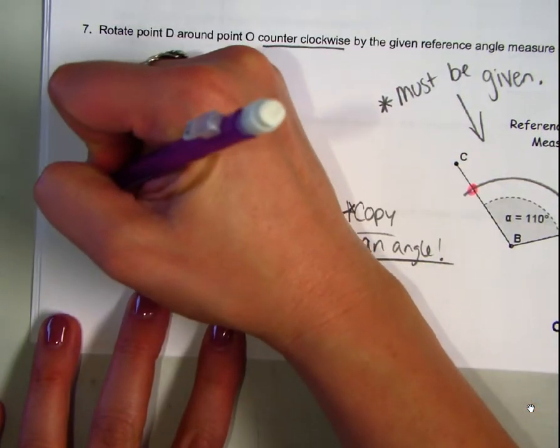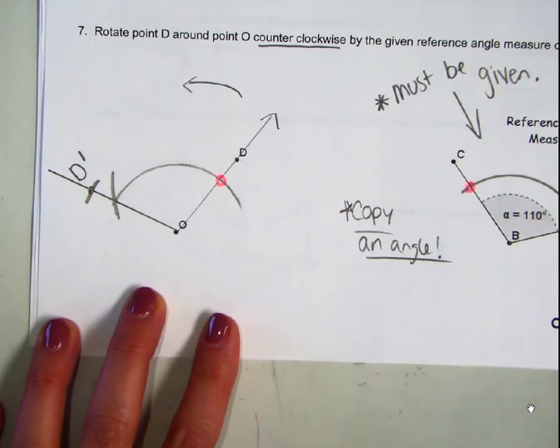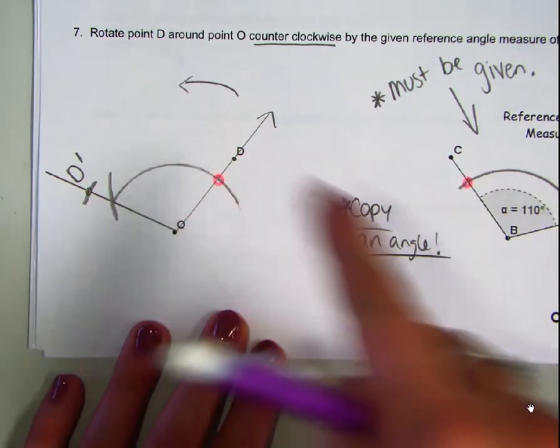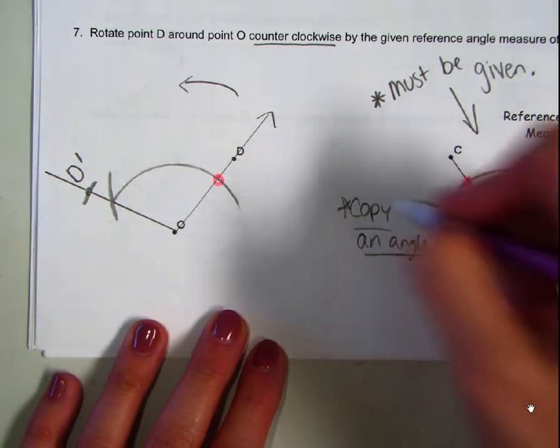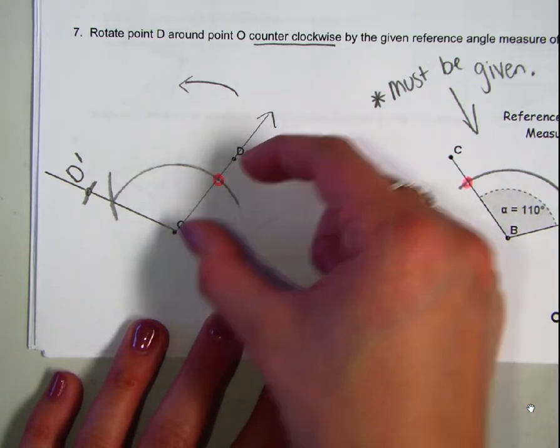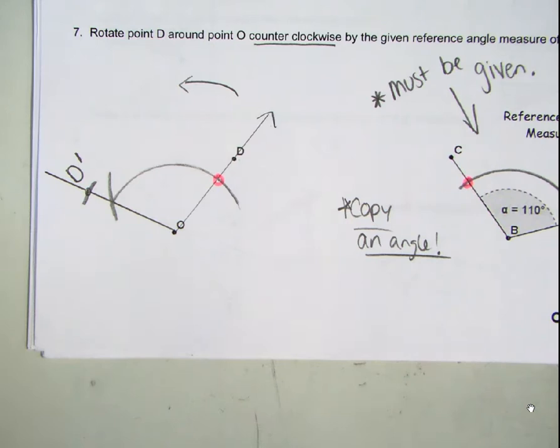This would be D prime. So you guys are doing a construction you already know. Copy an angle and then figure out how far down the line D prime is going to end up. There's another one of these on the next page. Let's give that a try.